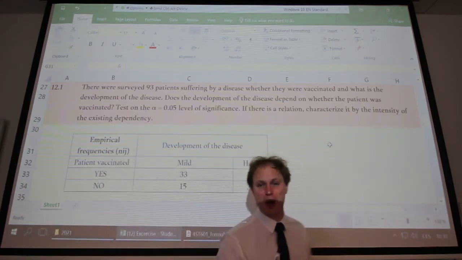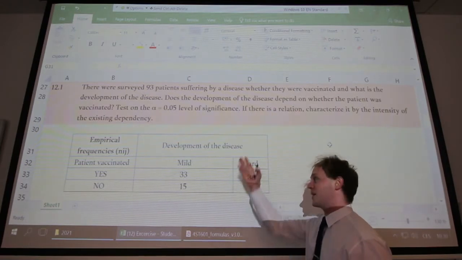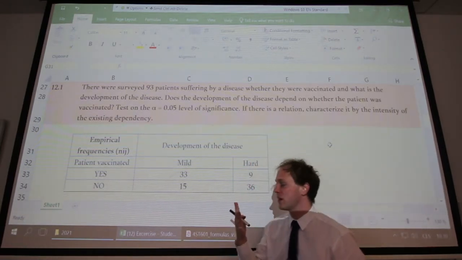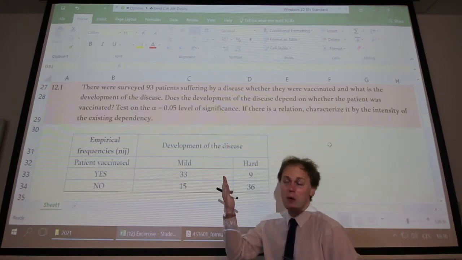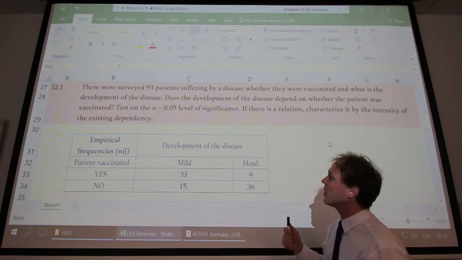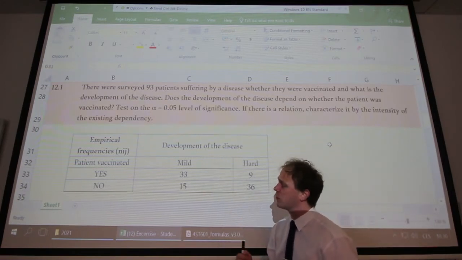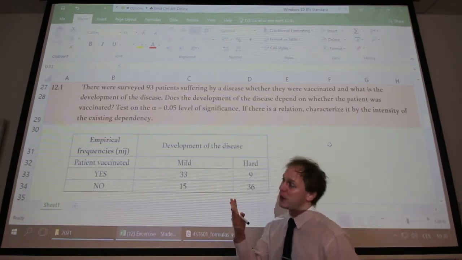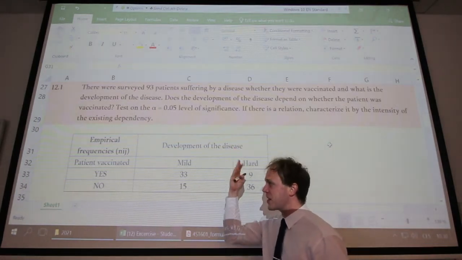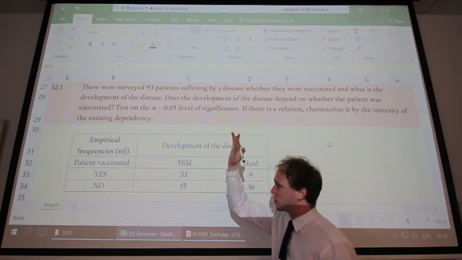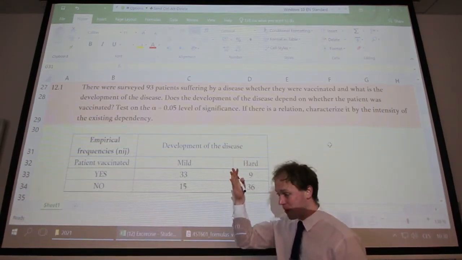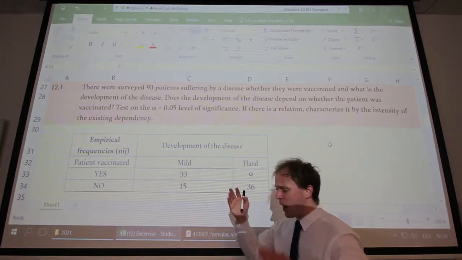If you remember, we have already seen this example before, and I said a few weeks ago that I will return to this example one more time. There is a contingency table with absolute frequencies about the development of a disease and the question of whether the patient was vaccinated against the disease.